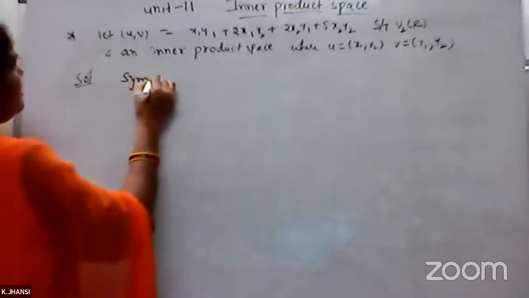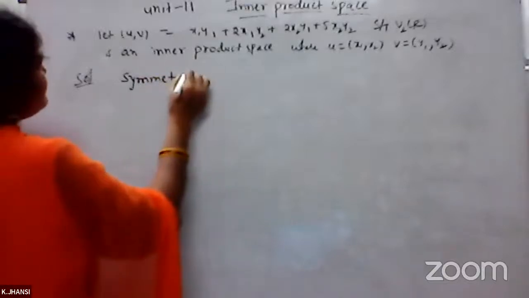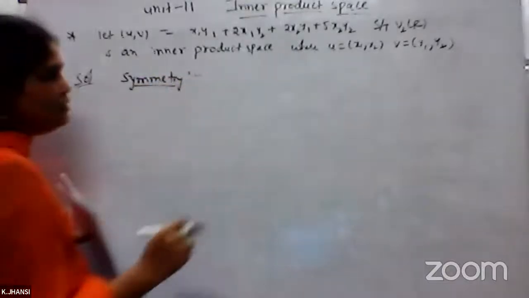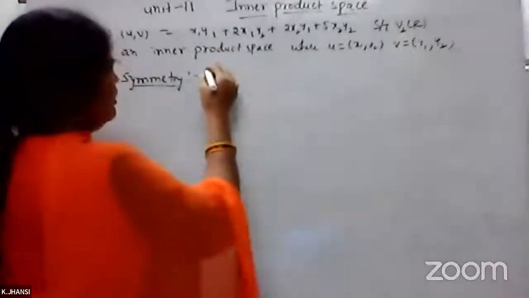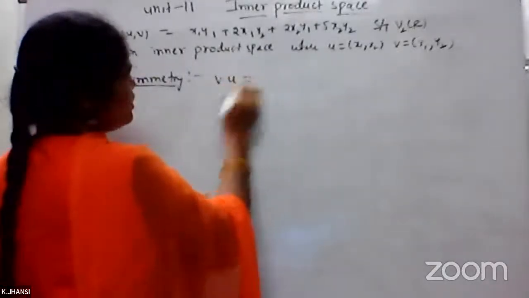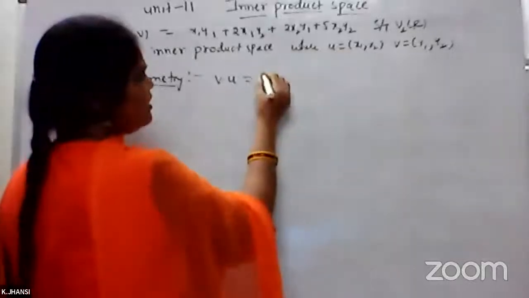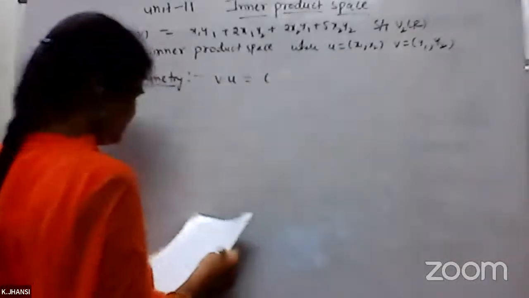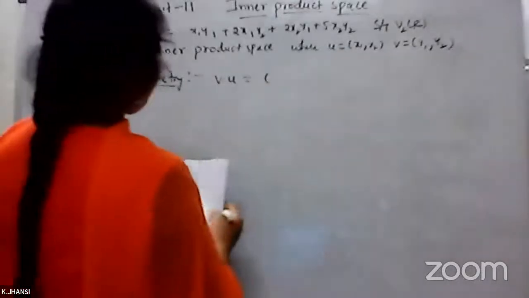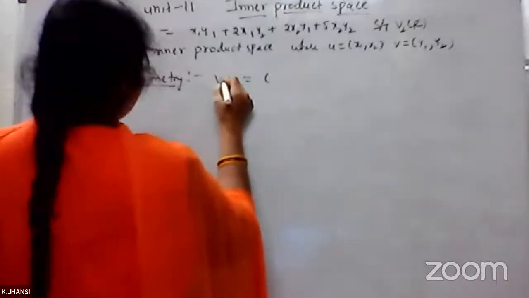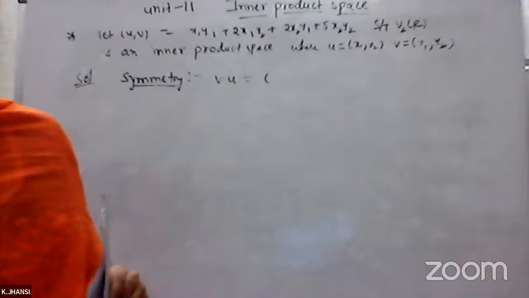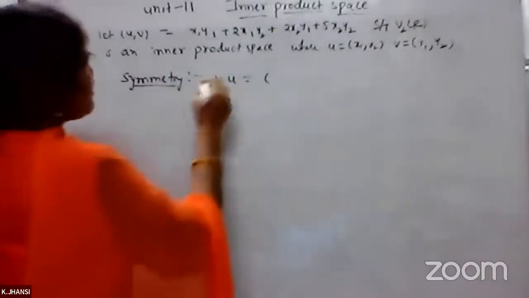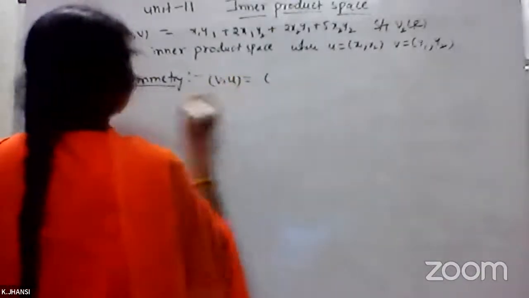So for symmetry, u comma v. So we can take first v comma u.